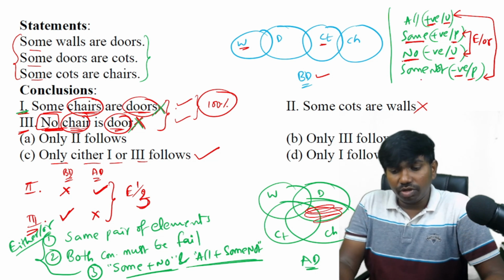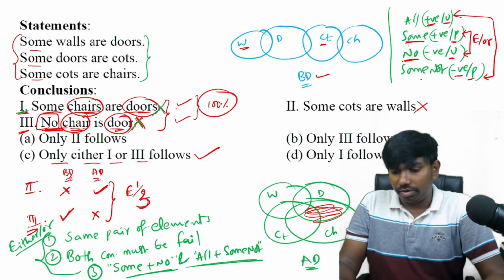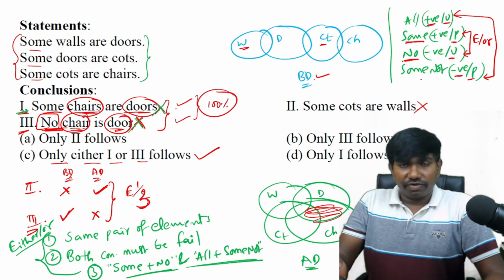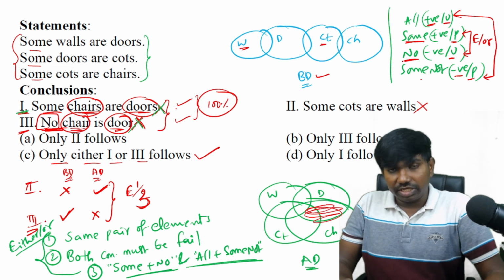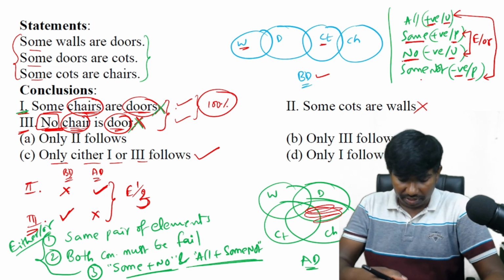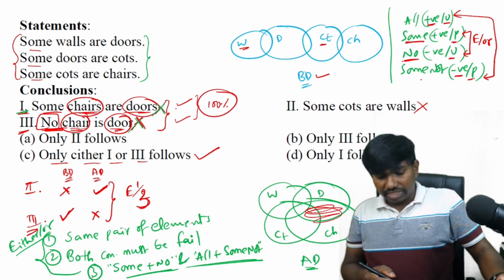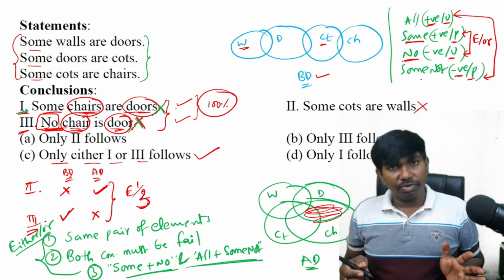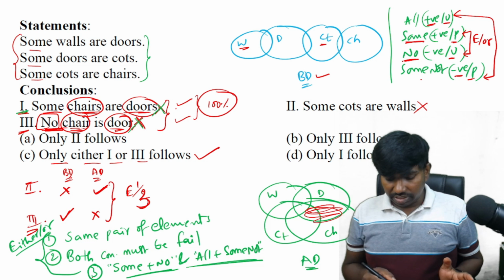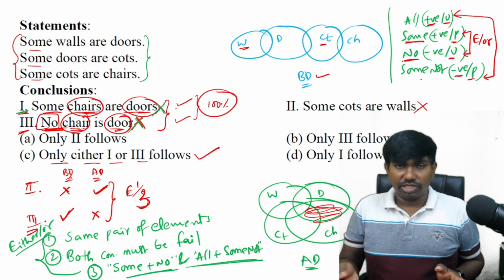So both negative or both positive, and both universal or both particular cannot be either-or. So after checking the individual statement conclusions, then verify these 3 points: same pair of elements must be there, both must fail individually, and some plus no or all plus some not must be there.